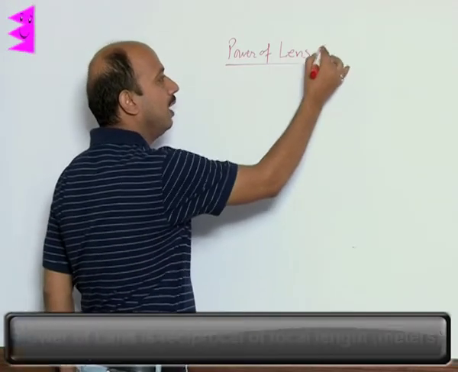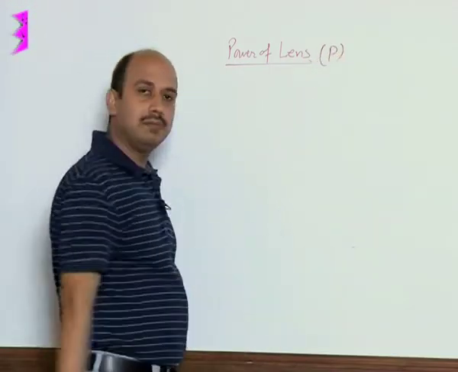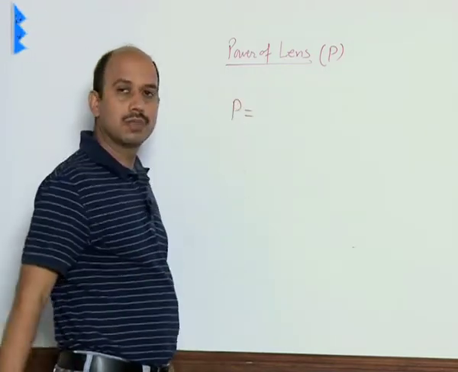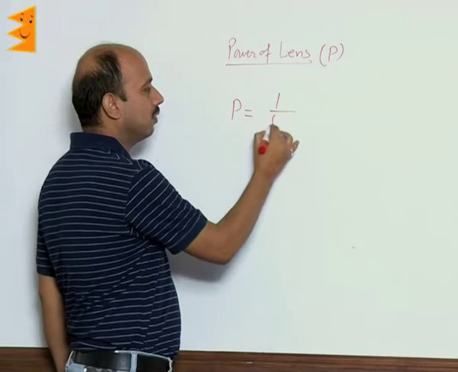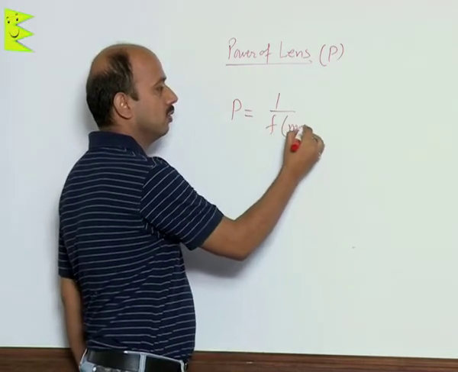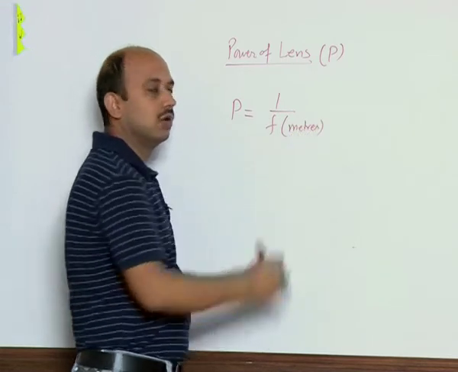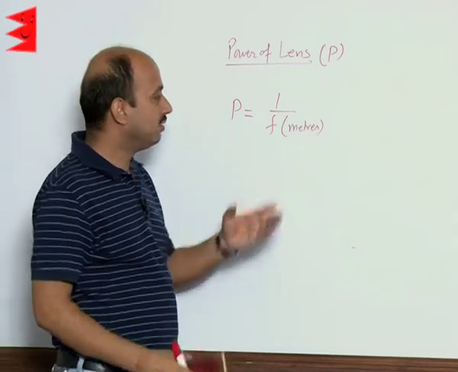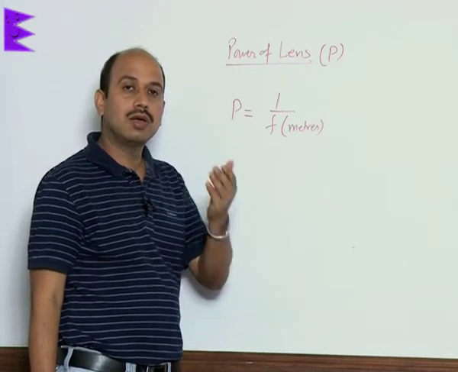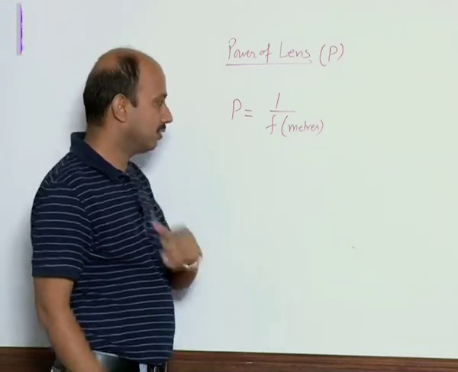So, power of lens we represent by capital P. So, we can write P is equal to 1 upon F, but focal length is in meters. So, it is very simple to define, but actually it is the degree of divergence or convergence by a lens.